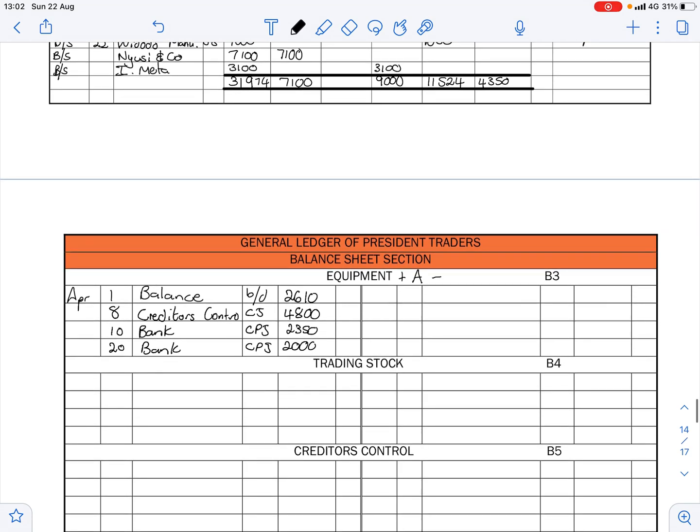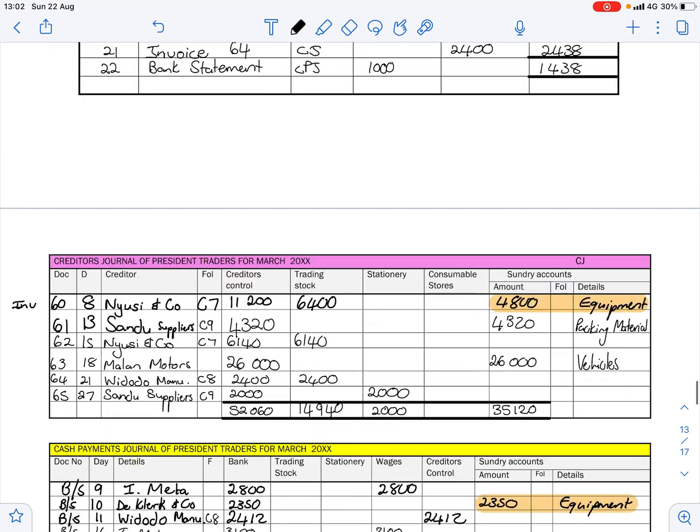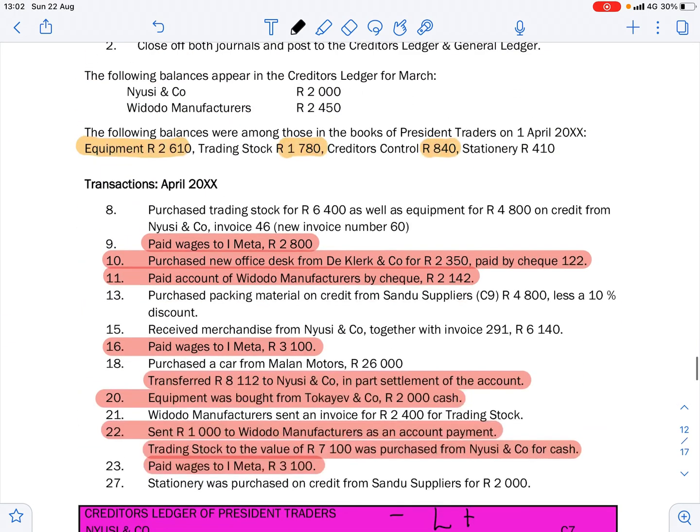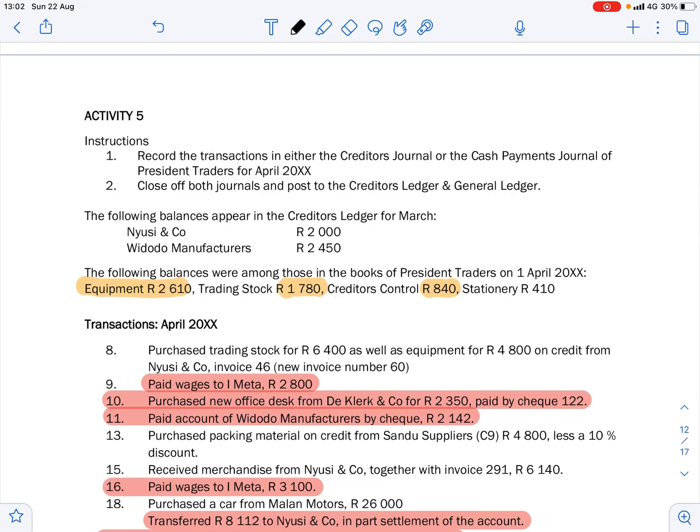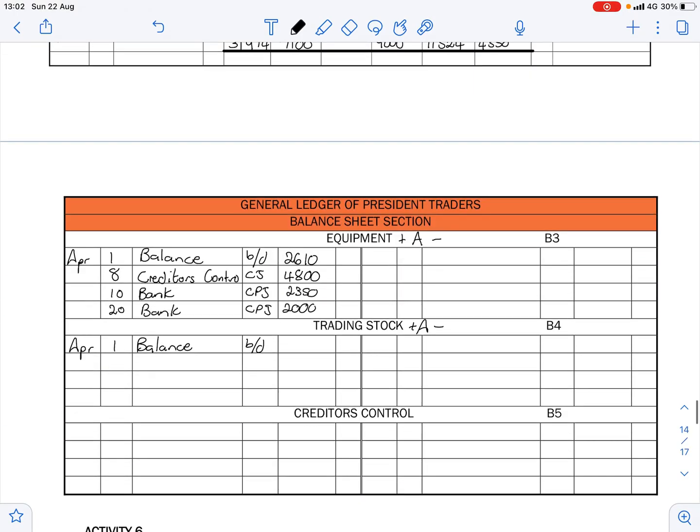Our next account that we look at is trading stock. Now again, trading stock is an asset, increasing on the debit side, decreasing on the credit side. So first we start off with our balance. On April the 1st, our balance brought down was 1,780 Rand.